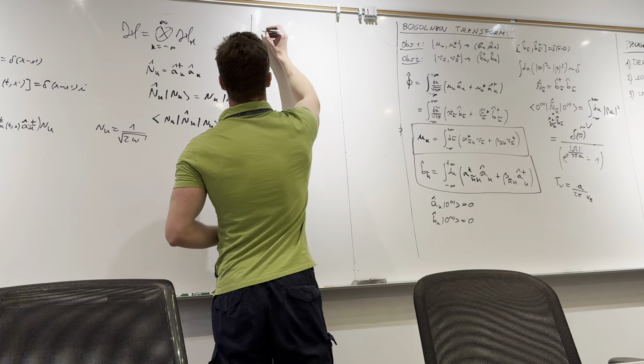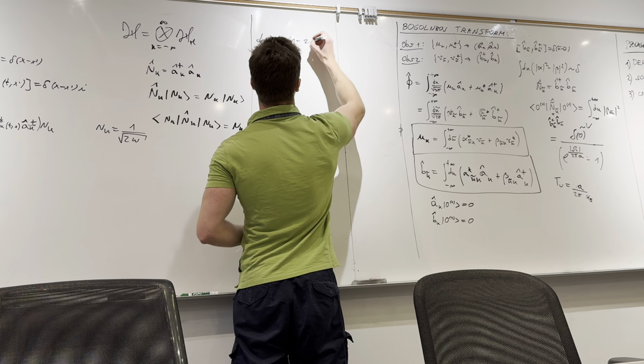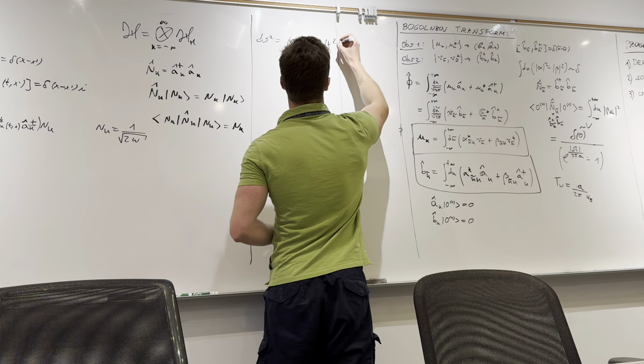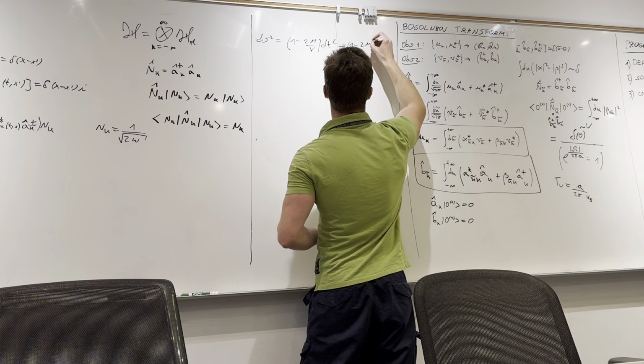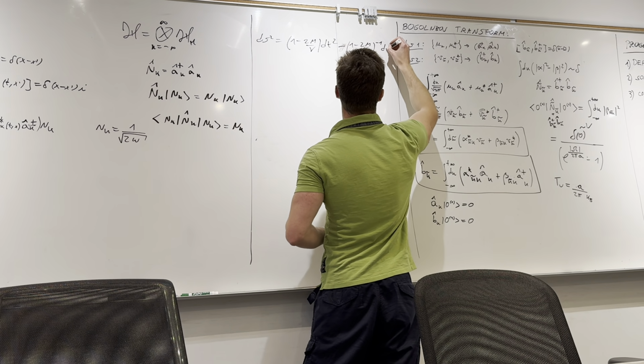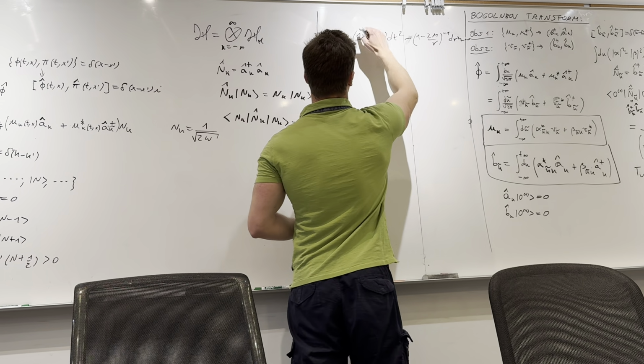So you start from the Schwarzschild metric. And then so on. So you can do common denominator here.